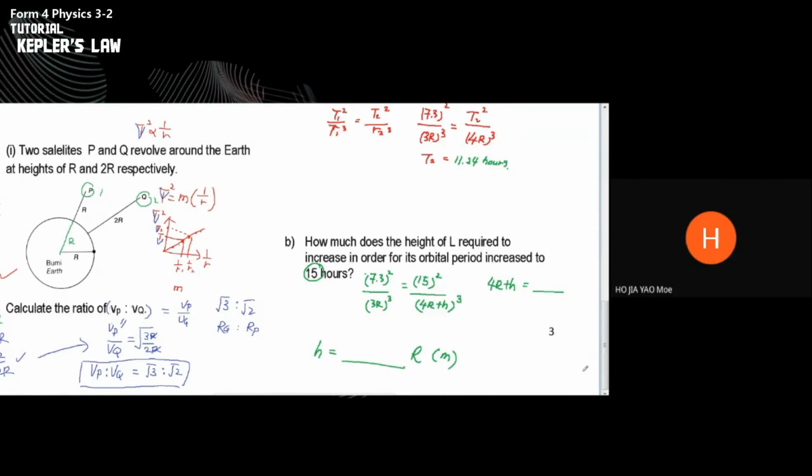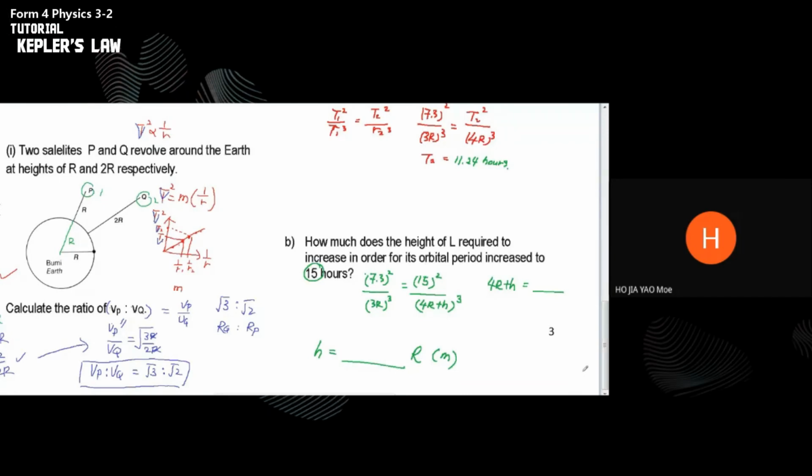Don't know how to calculate the H? Just get the 4R plus H cubed.